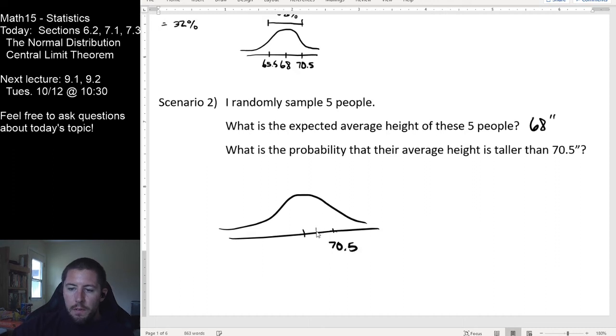What I'm going to need for my 5 people is to get 5 samples that are all about right there, right? That would be my 5 people that I sampled. That would be my X0, X1, X2, X3, X4. I might call those guys my 5 samples that I took right there.